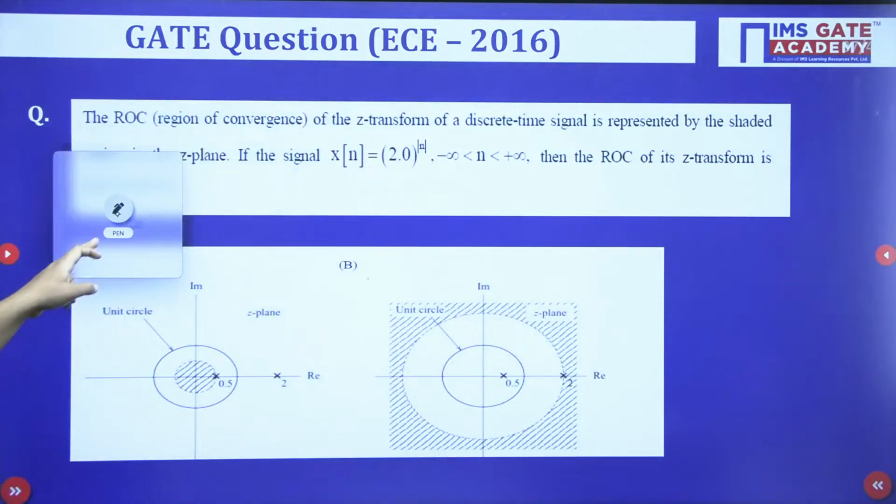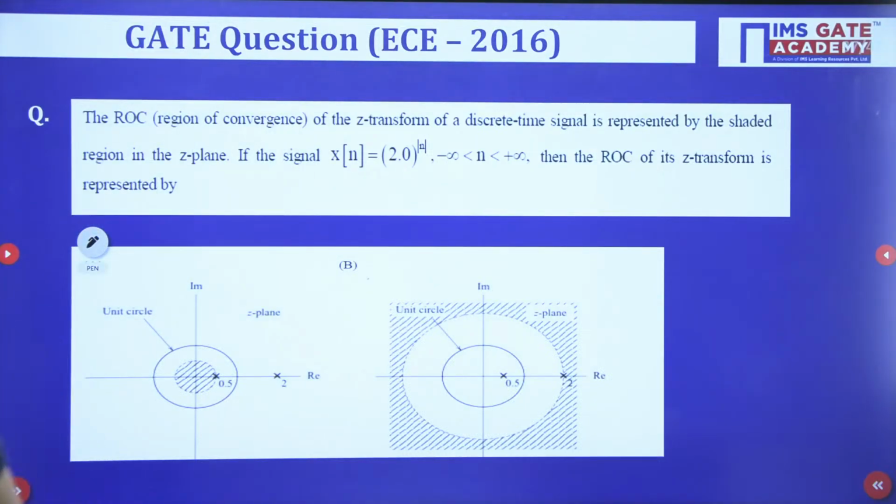Tell me, now, this question. If you are not able to solve this question within 15 seconds, then there is a problem, guys. I am telling you, less than 16 seconds is sufficient to solve this question. Come on.